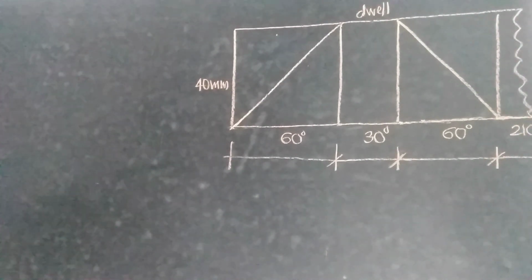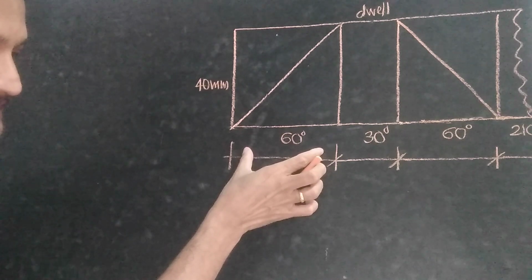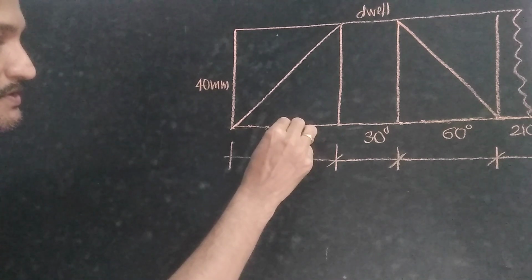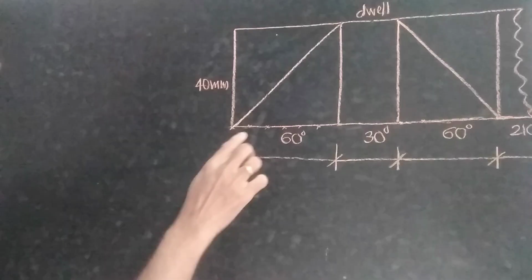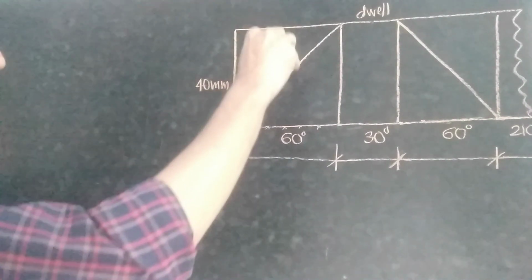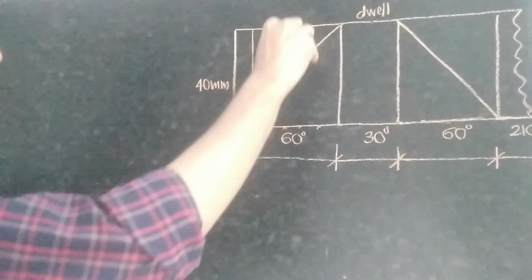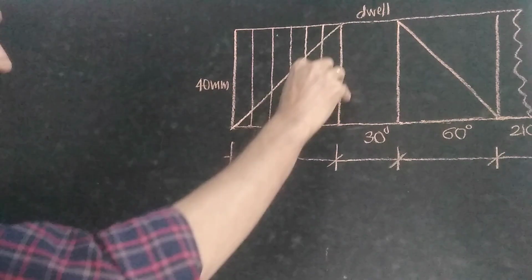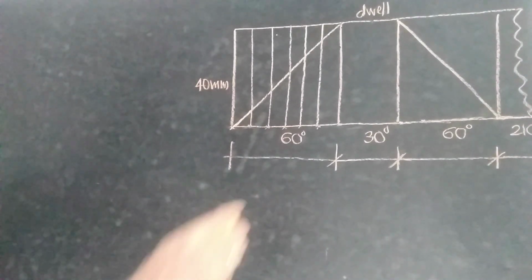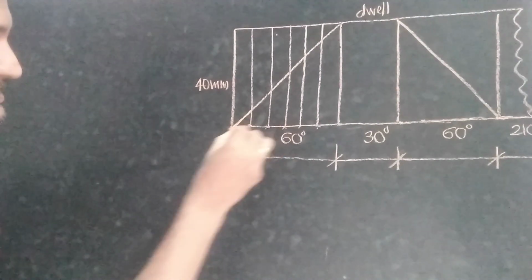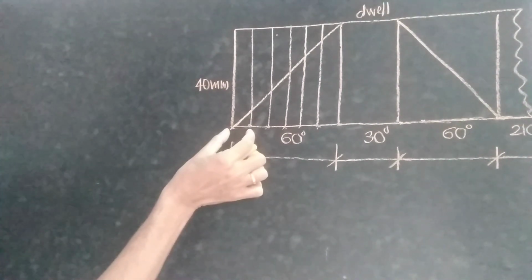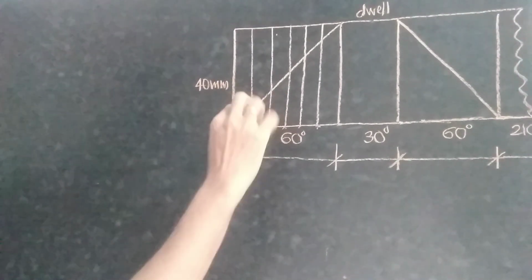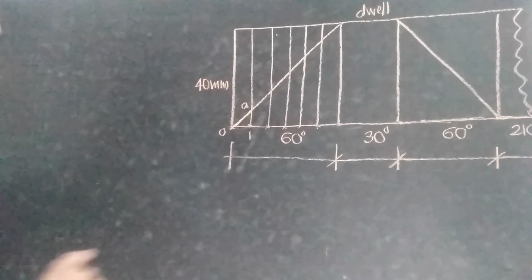Cam profile. Here, first divide this outstroke into 6 equal parts: 1, 2, 3, 4, 5 and 6. Then during the first 10 degrees of motion, the cam lifts by a distance 1a.